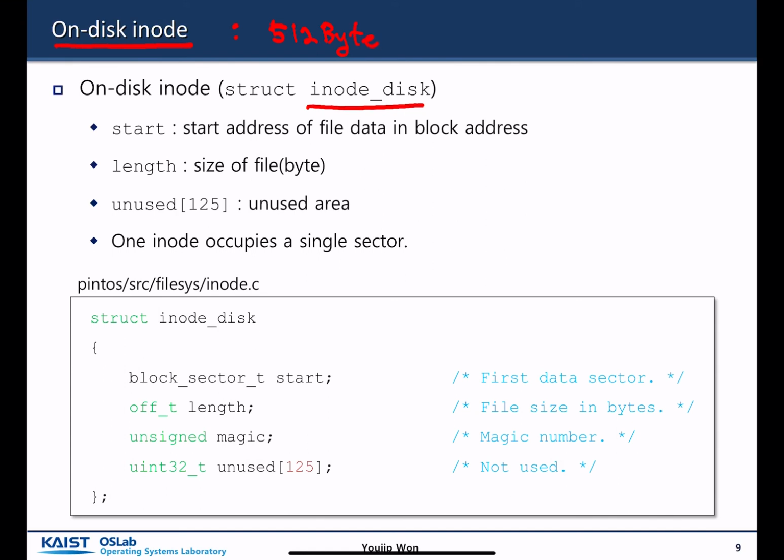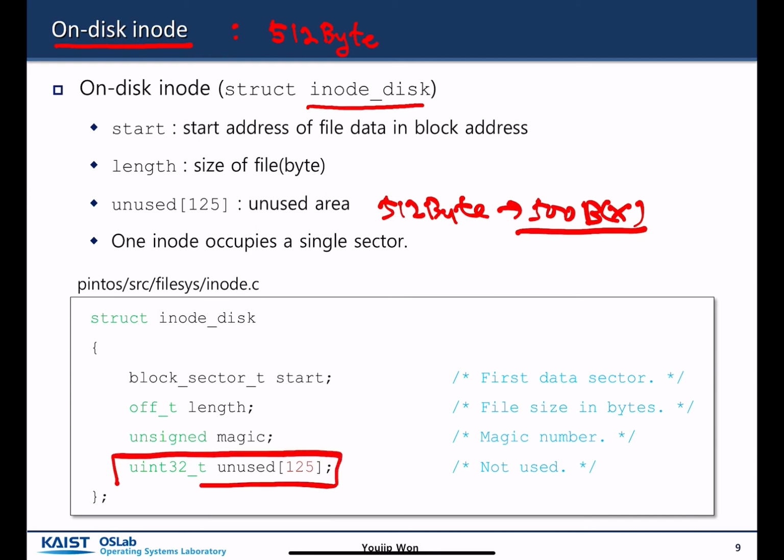And of course, unfortunately, out of 512 bytes, 500 bytes are not used. This is not good. However, that's the way Pintos defines the inode. So if you have time, then put some time into modifying this data structure and make it more efficient. Give it a try. It's very easy.